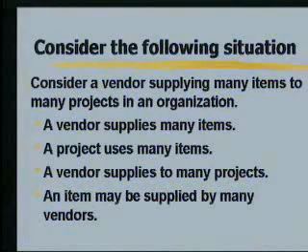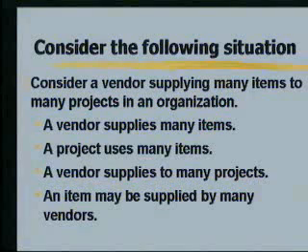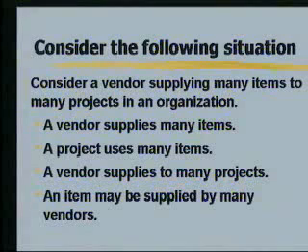An item may be supplied by many vendors. If that is the situation, what we are visualizing here is a case where all these attributes, that is the vendor, the items which he supplies, and the projects, are independent of each other.